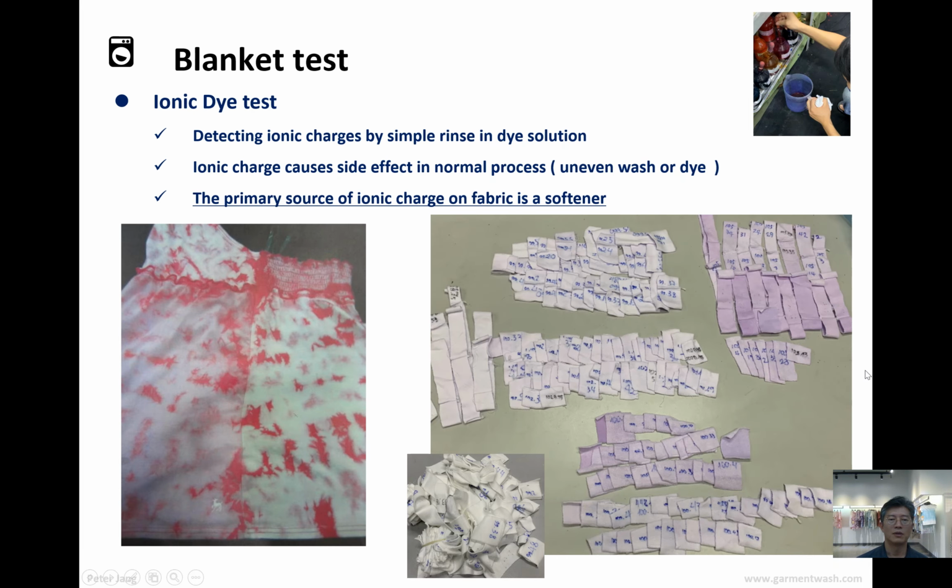So let me talk to you about the ID test in detail. I developed the ID test as a simplified method for sun-dry, and I got the idea from these pictures. If there is silicone or too much softener, it makes a problem, with shade variations like in the pictures.